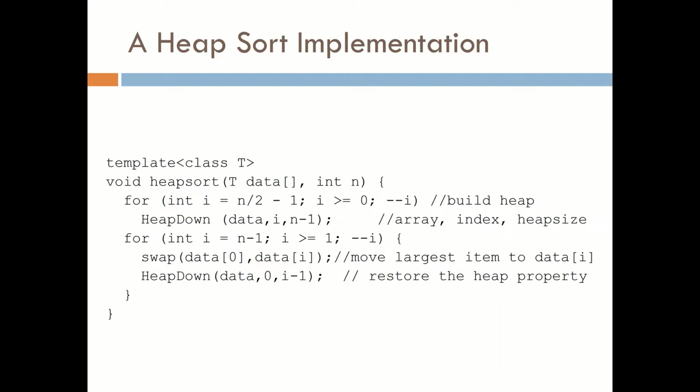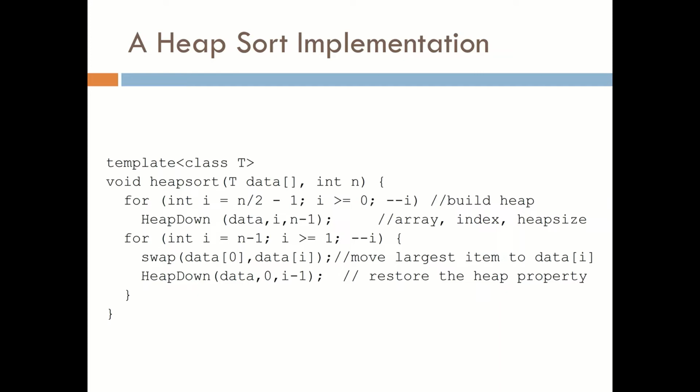And we swap that with the data item, and then we restore the heap property by performing a heap down all the way to the i-1 element, which means that we no longer consider the last element part of the heap.